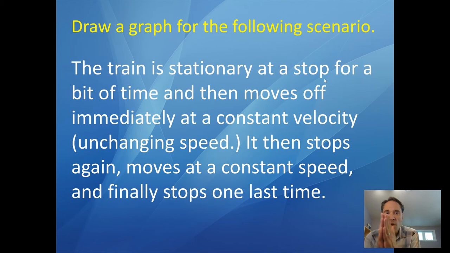What I would like you to do is to try something out. I would like you to pause this video right now, read the scenario that you can see on the screen, and try and draw this on a graph where it's stationary for some time, moves out immediately at a constant velocity, which was what we did the last time. Then it stops again, then it moves at a constant speed, and then it finally stops one last time.